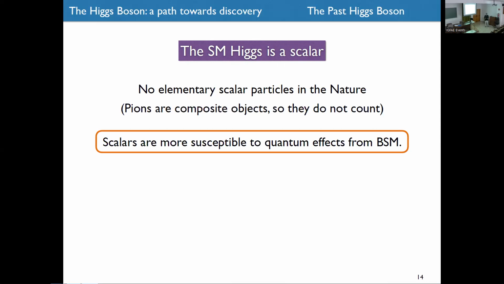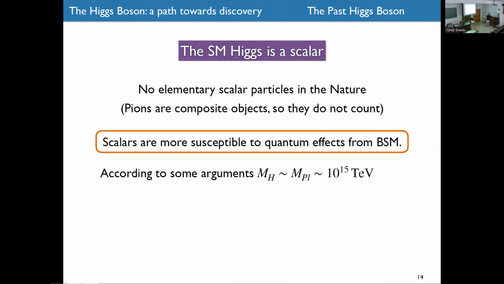The problem is that scalars are actually more susceptible to quantum effects that derive from BSM, more than gauge bosons or fermions. That means that you can make some argument that the natural value for the mass of the Higgs should be somewhere around the cutoff of your theory, which eventually is the scale at which gravity becomes quantum.